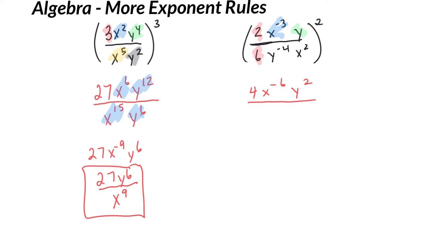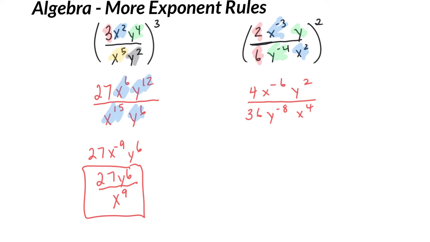We've got 6 squared. 6 times 6 is 36. Then we've got -4. So -4 times 2 would be -8. And then finally, we've got x squared squared, which is x to the 4th.